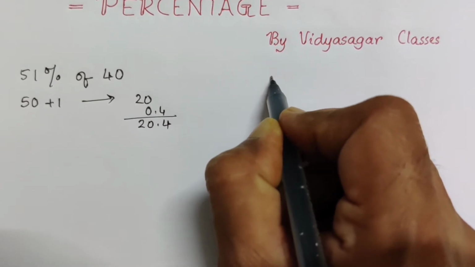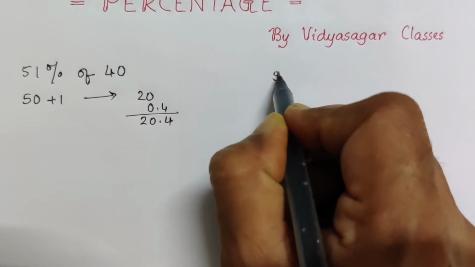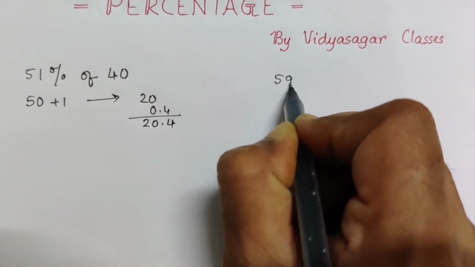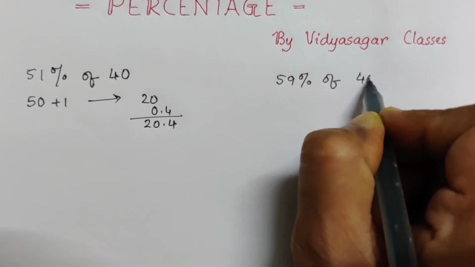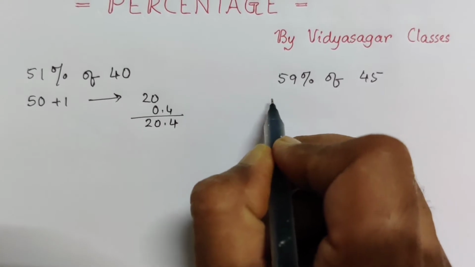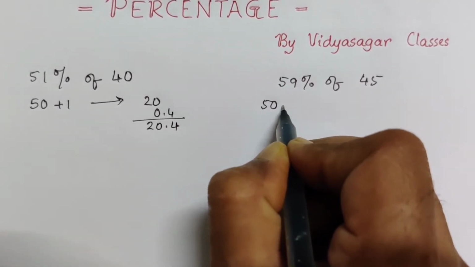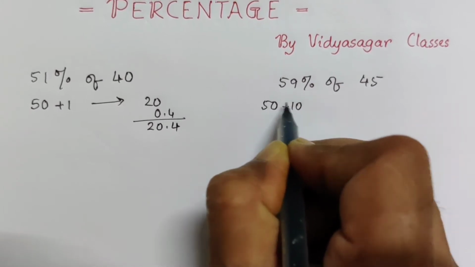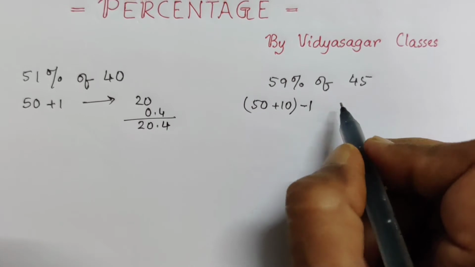Another one. Let's do it in this way. 59% of 45. Again we split this number. 59 is 50 plus 10, it makes 60, and 60 minus 1% is 59%.